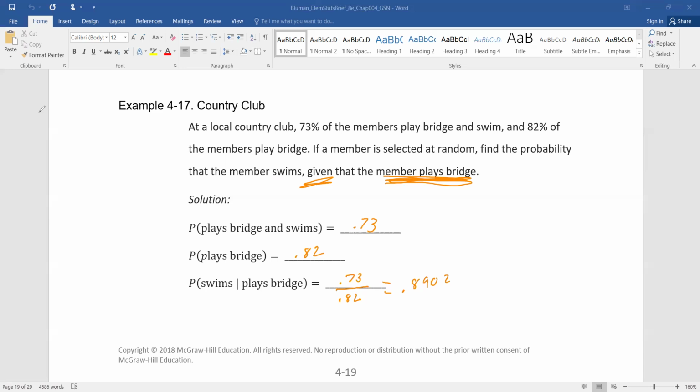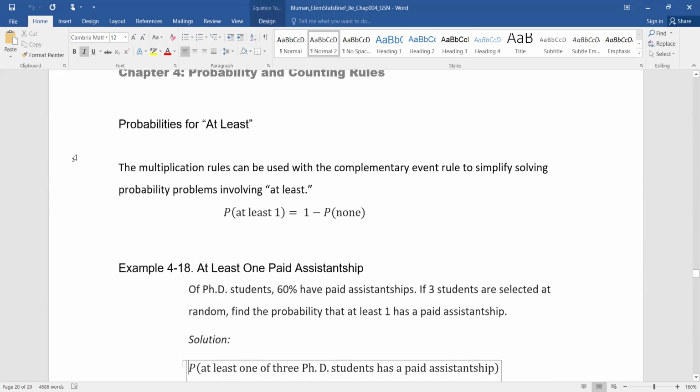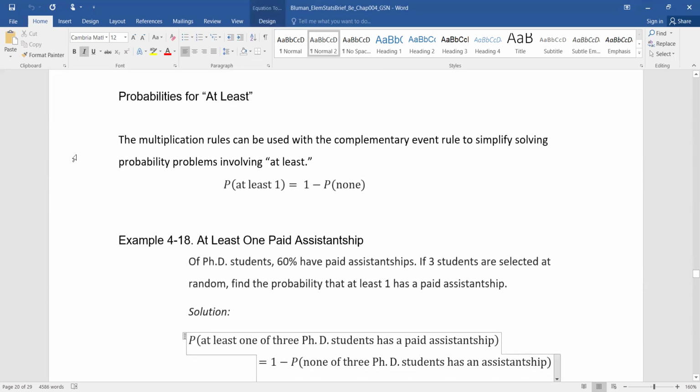All right. So probabilities for at least. If you want to find the probability of at least getting a 4 or greater on a die or some concept like that, the multiplication rules can be used with the complementary events rule to simplify solving probability problems involving the word at least.